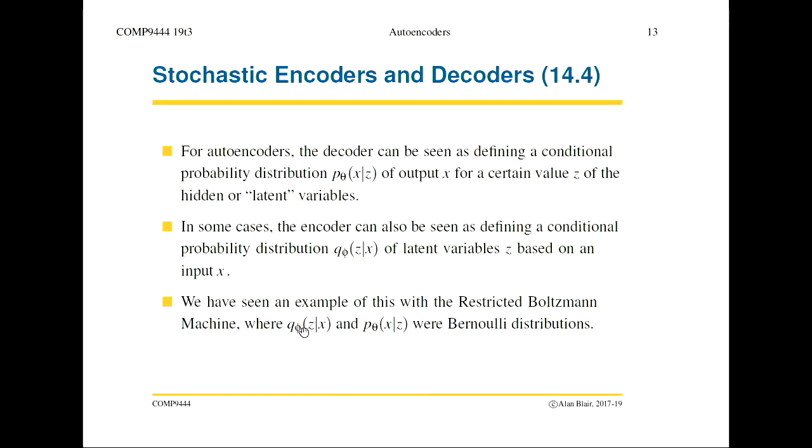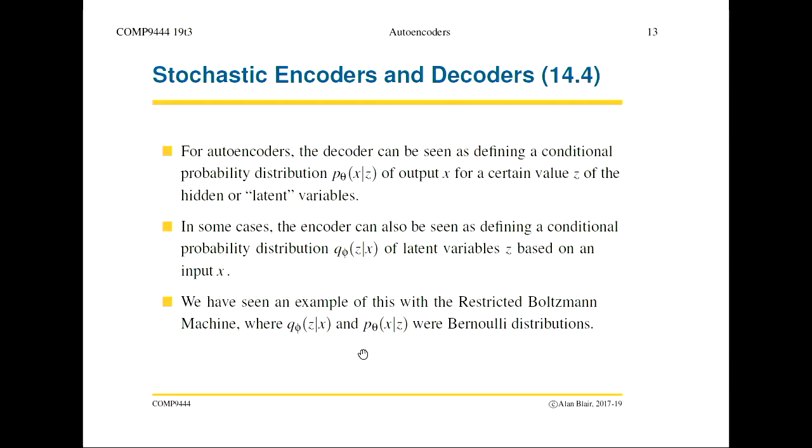With the Boltzmann machine, we used V for visible instead of X, and we used H for hidden instead of Z. But what was going on here was exactly this: the Boltzmann machine defines a probability distribution. If I give you the visible units, it defines a probability distribution on the hidden units and vice versa. So these can be thought of as an encoder and a decoder.